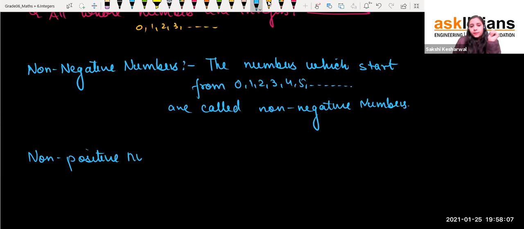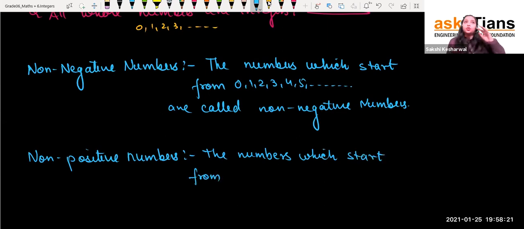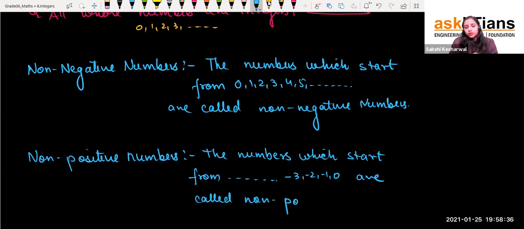Similarly, non-positive numbers are the ones which are not positive. We don't know the largest negative number, so from all the negative numbers, ..., -3, -2, -1, 0 are called non-positive integers. I'll say integers.